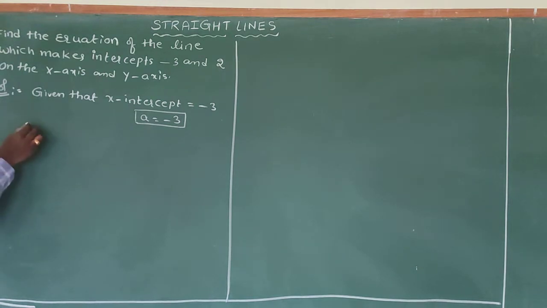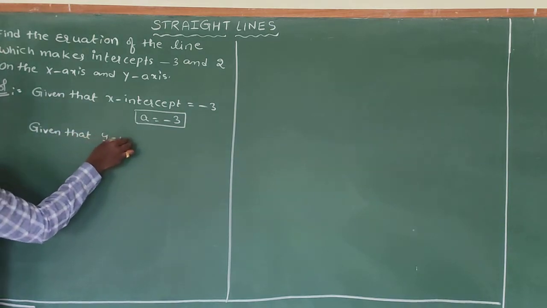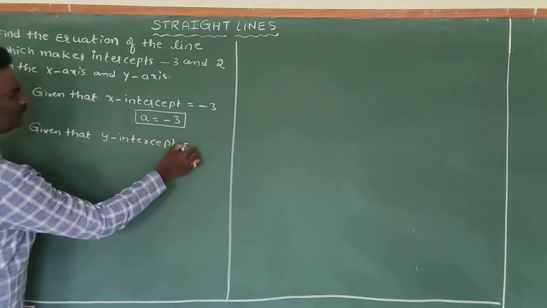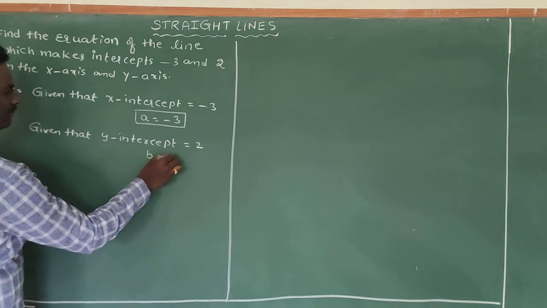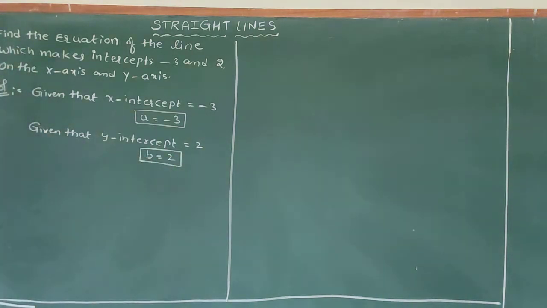Next, given that y intercept is equal to 2. Y intercept is denoted by small b, that is equal to 2. We need to find the equation of the straight line.